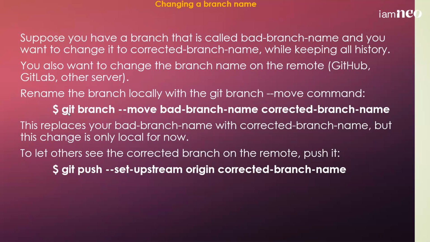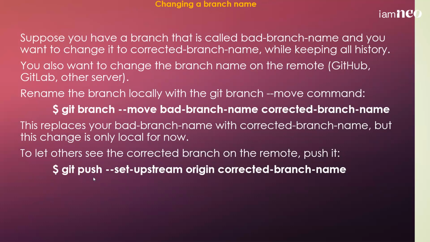After you give this move command, you have to make this reflect in the remote repository. In your local system, you have changed the branch name from bad-branch-name to corrected-branch-name. This should be seen by everybody working on their side. To make this change available to all the developers, we have to give the git push command.